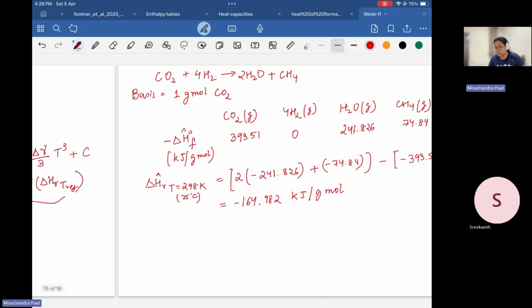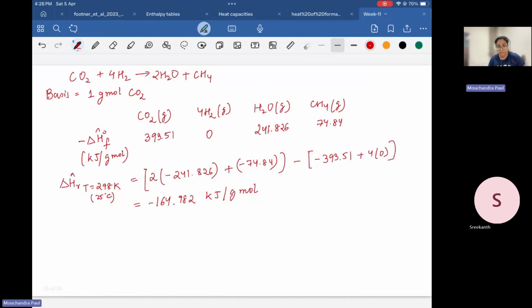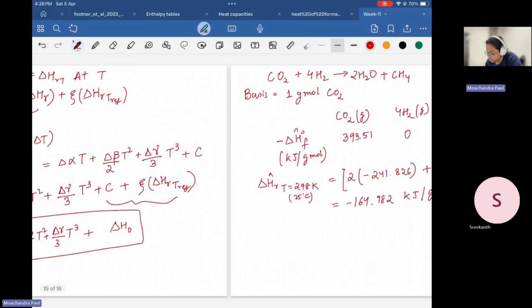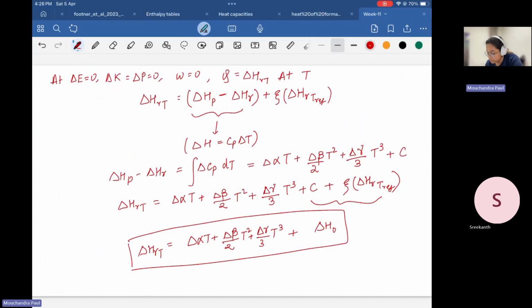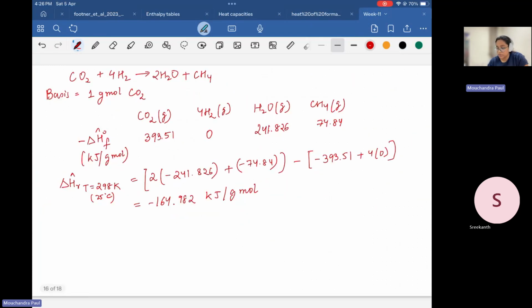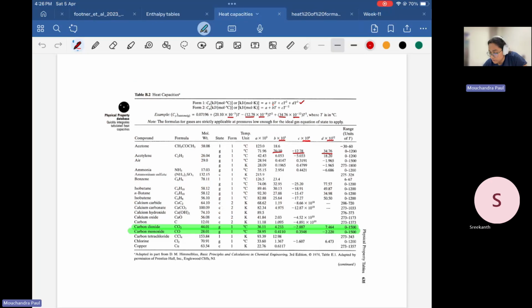All right, this is the heat of reaction at standard conditions. Now we have to get these values delta alpha, delta beta, delta gamma. Okay, so for doing that, we have to use the heat capacity table and get the Cp equations for each of the components. All right.